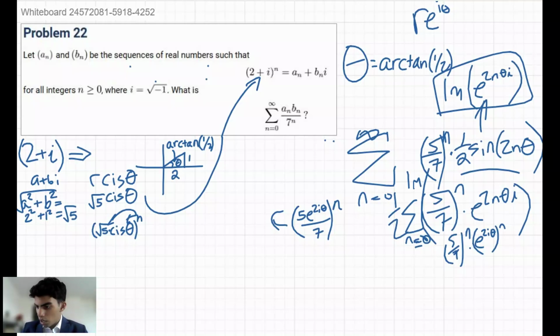And that would just be a over 1 minus r, where a is the first term. We know that n starts with 0, so this would just be 1. And 1 minus r. R is the common ratio, which is just the fraction itself, right? So that would just be 5e to the 2i theta on 7. All right, so this is the sum.